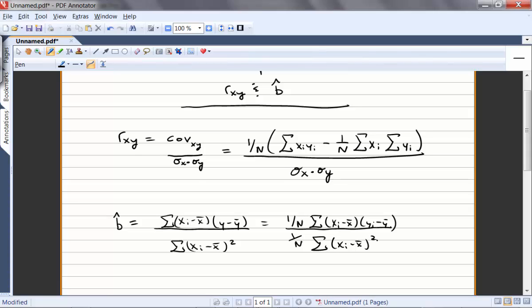Notice we haven't changed b hat. We just multiplied the numerator and the denominator by the same thing. So we get the same answer for b hat, right? Because the 1 over n cancels with the 1 over n.